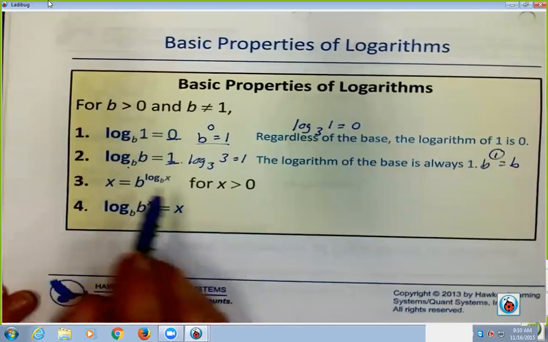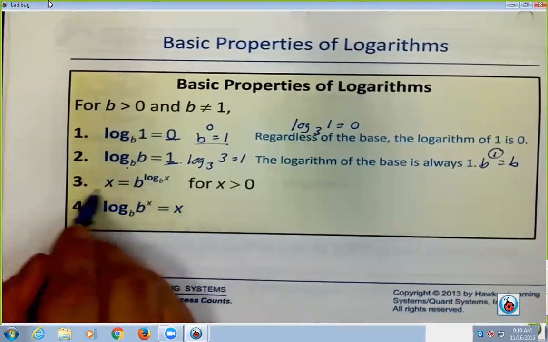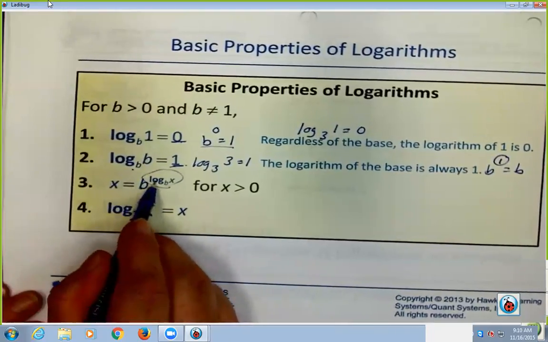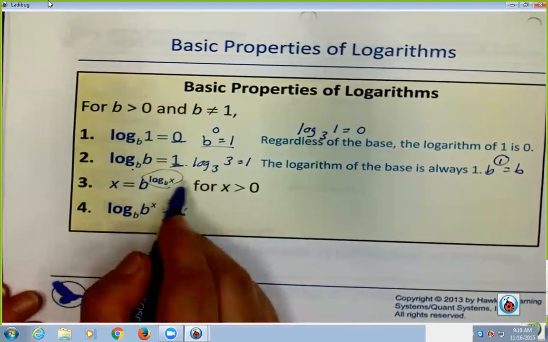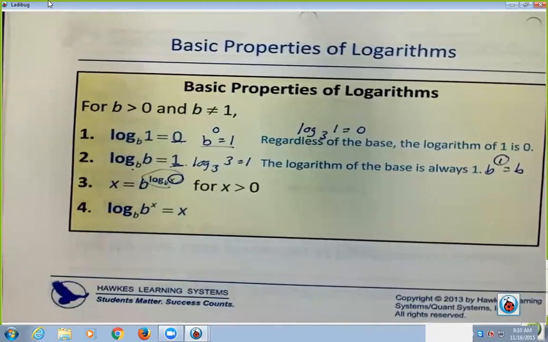And this one's a little strange because it's got b raised to a log. But if you have b raised to a log with a b here, your answer is just simply x. So you end up with x, and x needs to be bigger than 0 if you use that one.